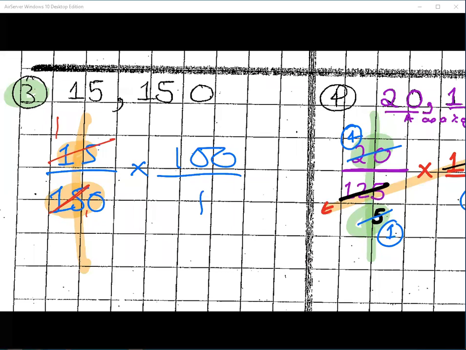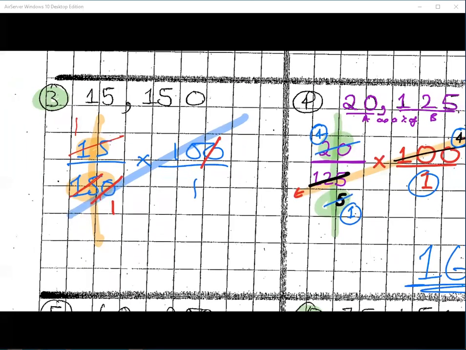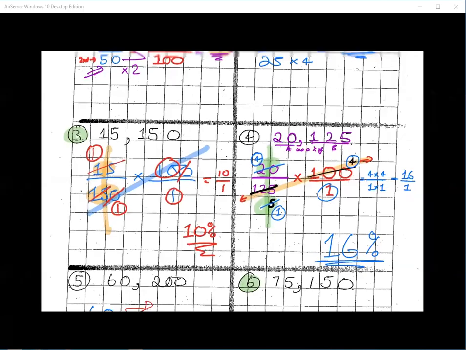This direction. So we divide 100 by 10, which gives you 10. So we have 1 times 10 is 10, and 1 times 1 is 1. So the final answer is 10%.